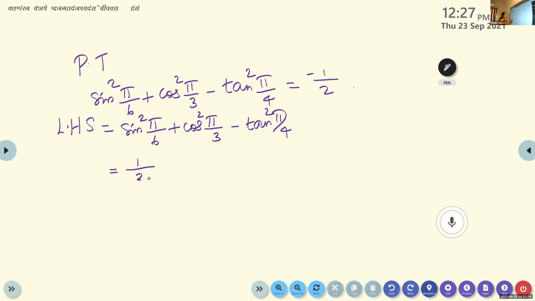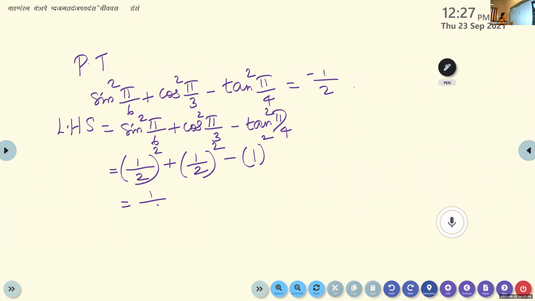So it is 1 by 2 the whole square plus cos pi by 3, which is 1 by 2, the whole square, minus tan pi by 4, which is 1. So it is 1 square.